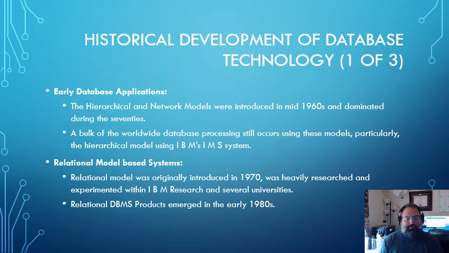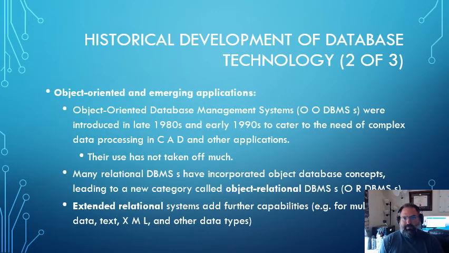The relational model was introduced somewhere in the 70s, and was heavily researched and experimented with at IBM research and several universities. Relational database management products emerged in the early 80s. I would say at this point, though, that most processing is occurring not necessarily in a hierarchical model, unless it's in a big data store.